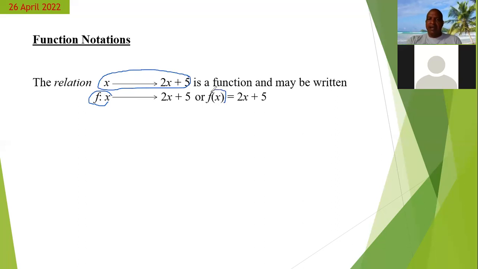If you use this symbol instead, f of x equal to the equation, you notice that 2x plus 5 is the same thing here. So if you write f of x with the mapping arrow, 2x plus 5, it means the same thing as writing f of x equal to 2x plus 5. It's just two different ways of saying the same thing. Is that clear, Miss Brown?